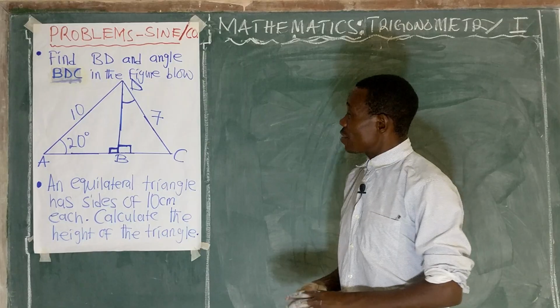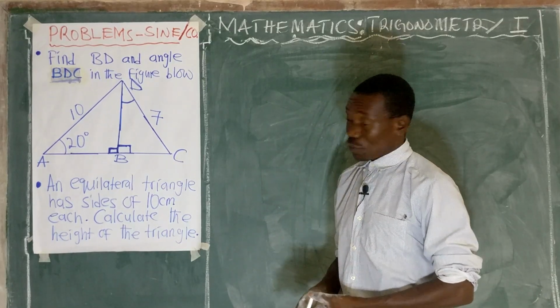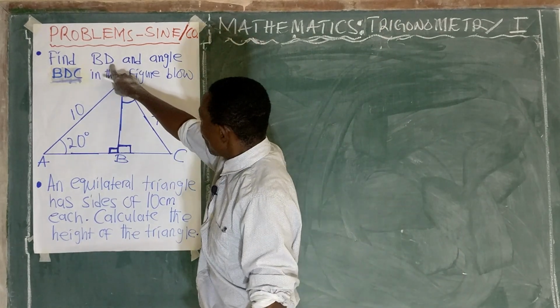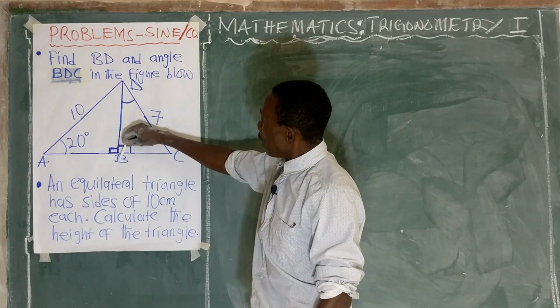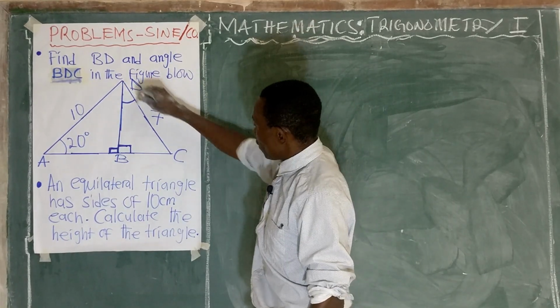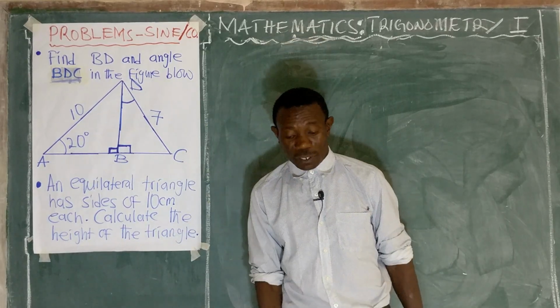That should give you a sense that trig has to be used somewhere. Like here, for example, we're given the diagram where they say find the value of BD. This BD here, and angle BDC. So we have this angle here and this side here, which are not known.